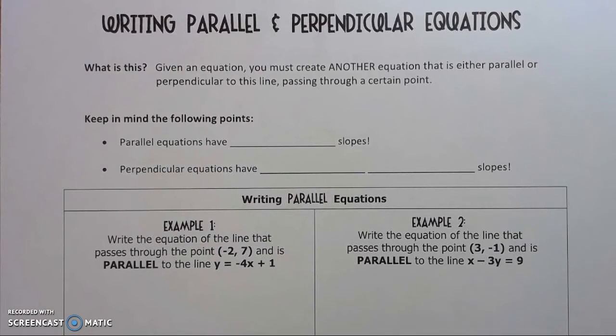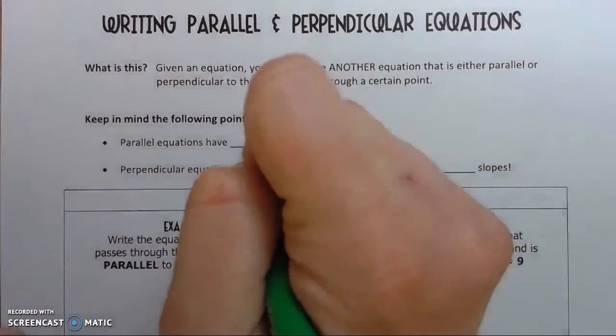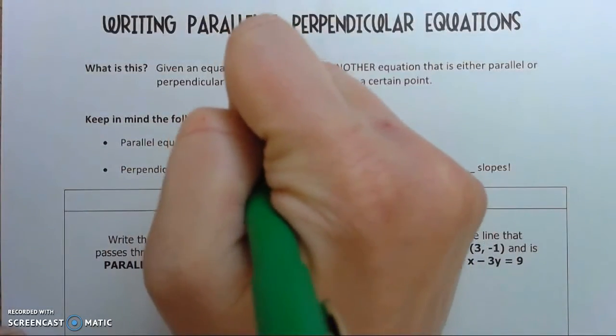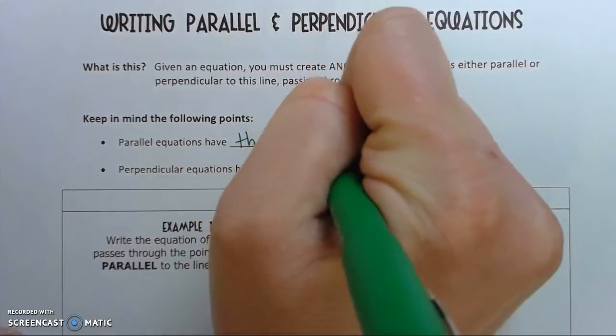But today I have some more video notes for you to give you a refresher on writing parallel and perpendicular equations of lines. So just a quick reminder that two lines that are parallel have the same slopes.